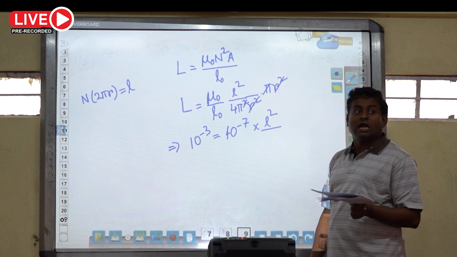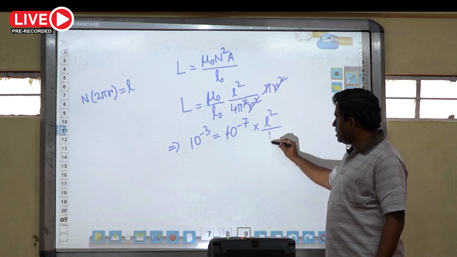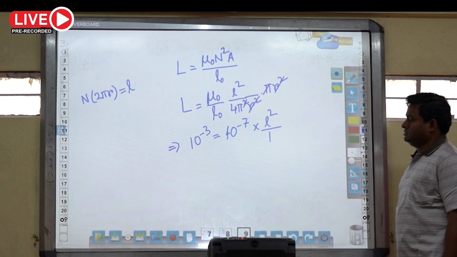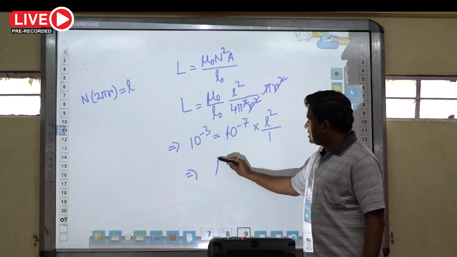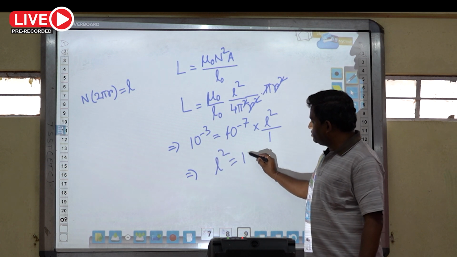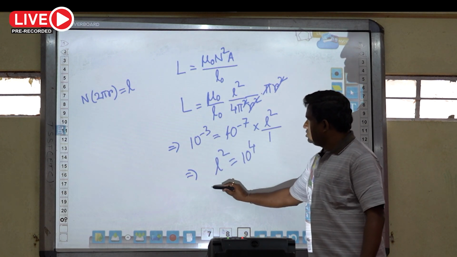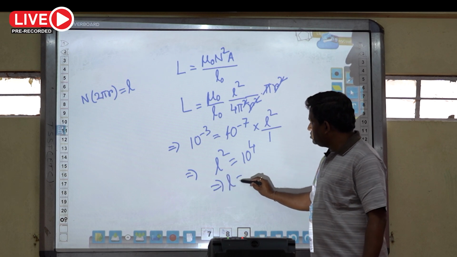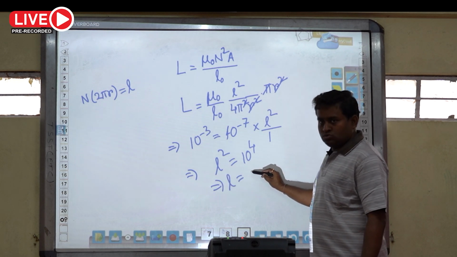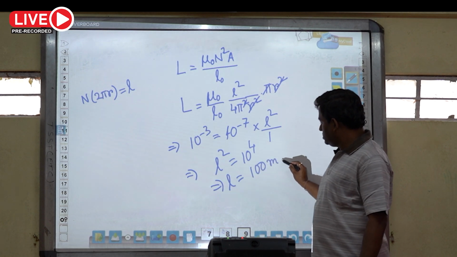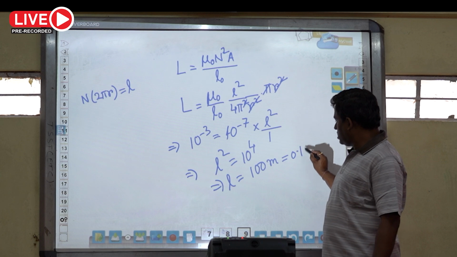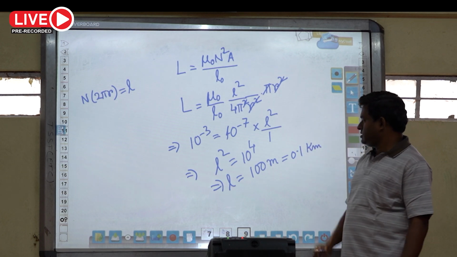L naught is given 100 centimeter, means 1 meter. Then from this we can calculate that L square equal to 10 to the power 4. So L equal to 10 to the power 2, which is 100 meter, means 0.1 kilometer.